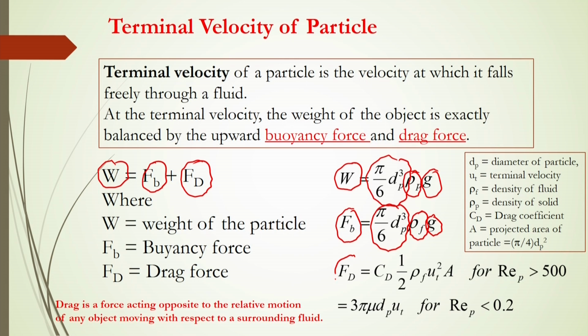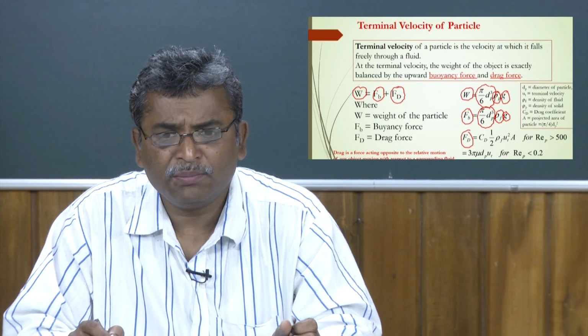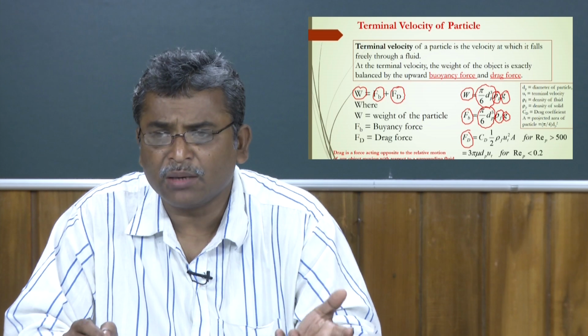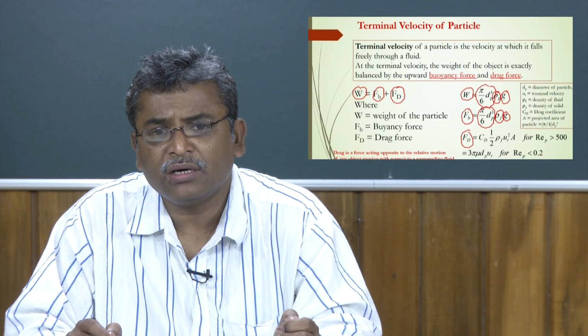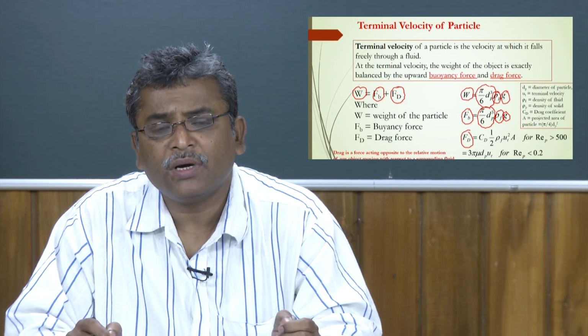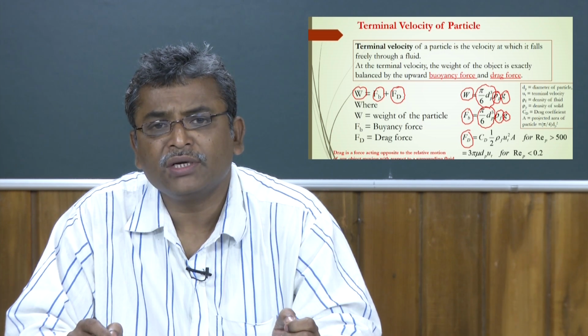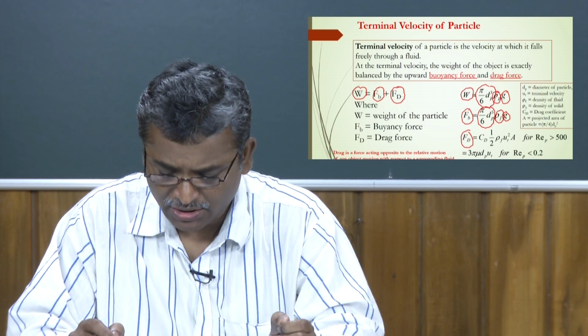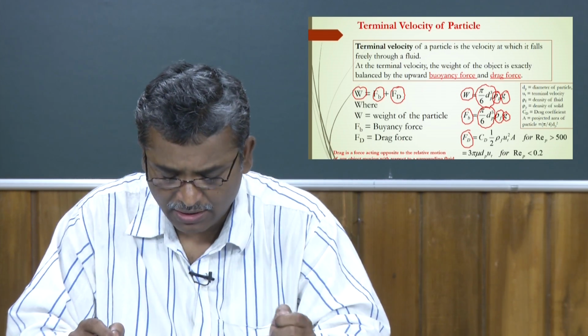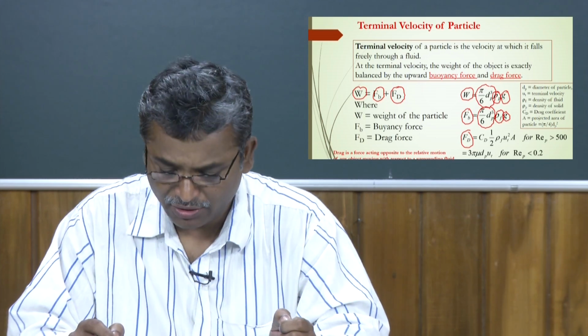And then F D, that is the drag force. Two types of drag force you will get. For a very laminar region, that is, when the fluid is acting on the particle as it goes downward under normal gravity, that is called the terminal condition.